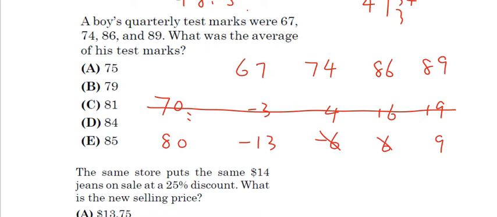So we can find this is negative 4, right? So we can say the average is negative 4 divided by 4, so the average is 79, right?